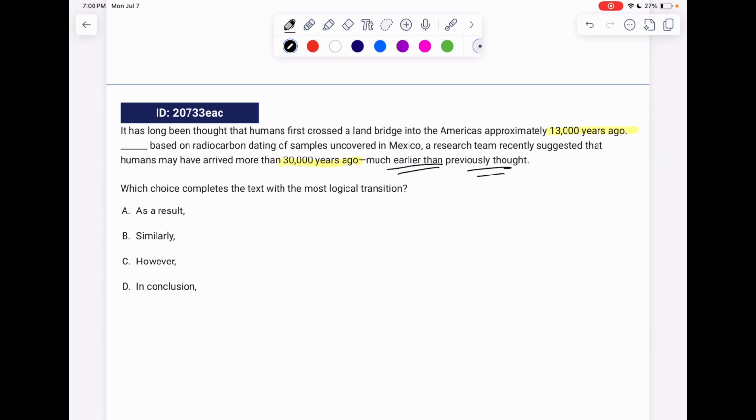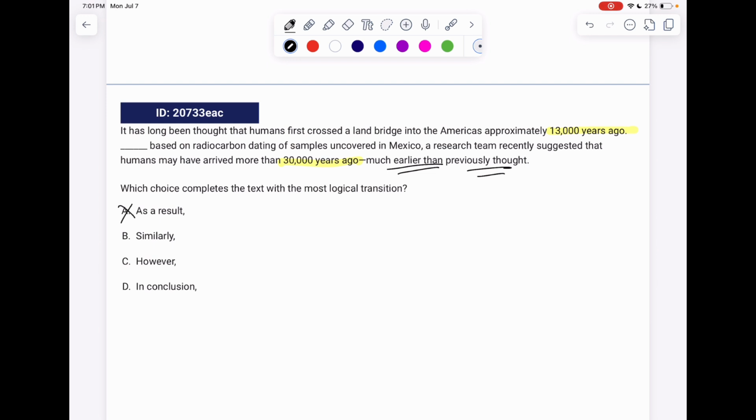A is incorrect because as a result shows that the theory in this sentence is a result of the theory discussed in the previous sentence, that the theory that it happened 30,000 years ago is caused by people thinking it happened 13,000 years ago. No. We just found some new stuff, and that's what made us change our minds about that. But it's not like the first part of the sentence caused the second part. So cross that out.